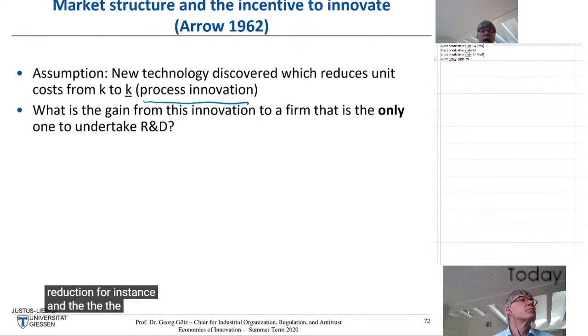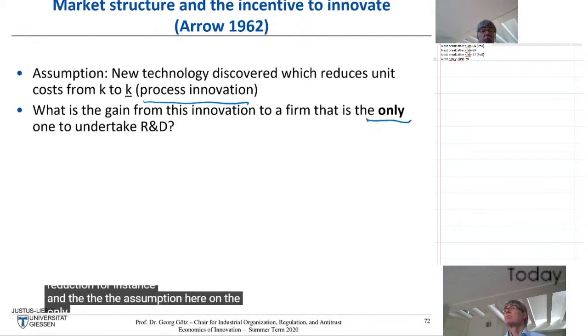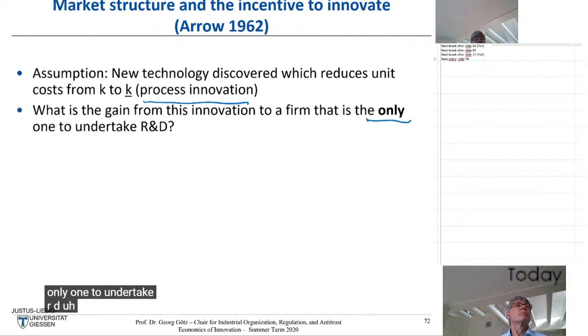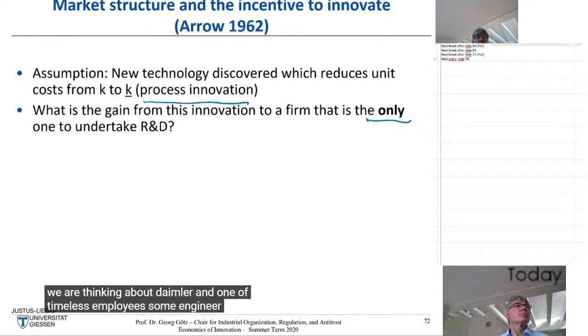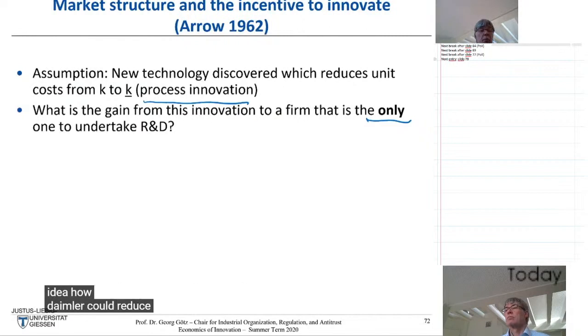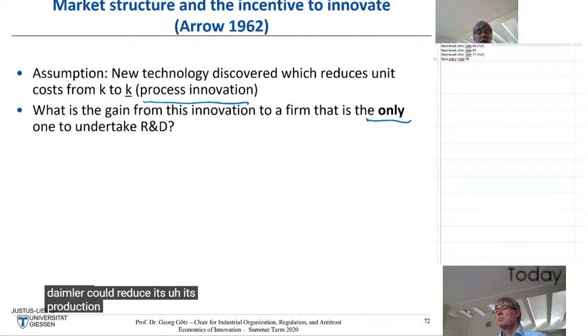The assumption here of being the only one to undertake R&D: just assume we are thinking about Daimler, and one of Daimler's employees, some engineer, has an idea how Daimler could reduce its production cost. Then of course it's clear that either Daimler implements this innovation or no one else can, because the engineer is forced not to disclose any important information.